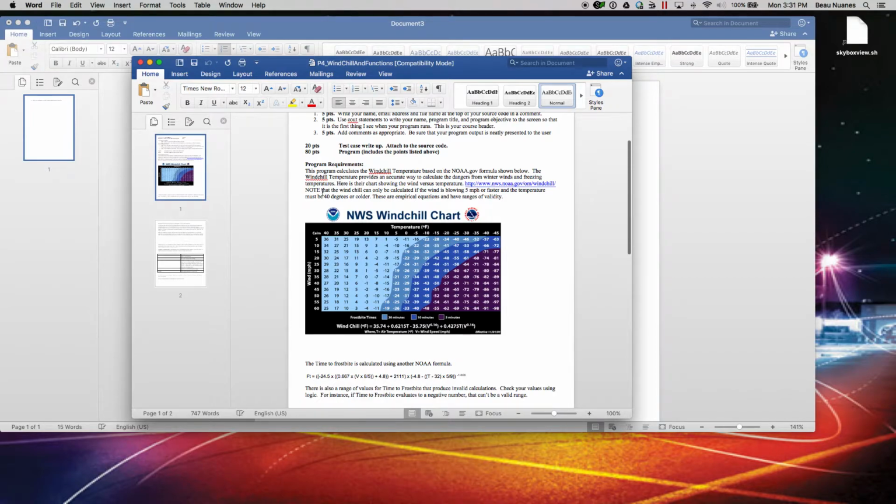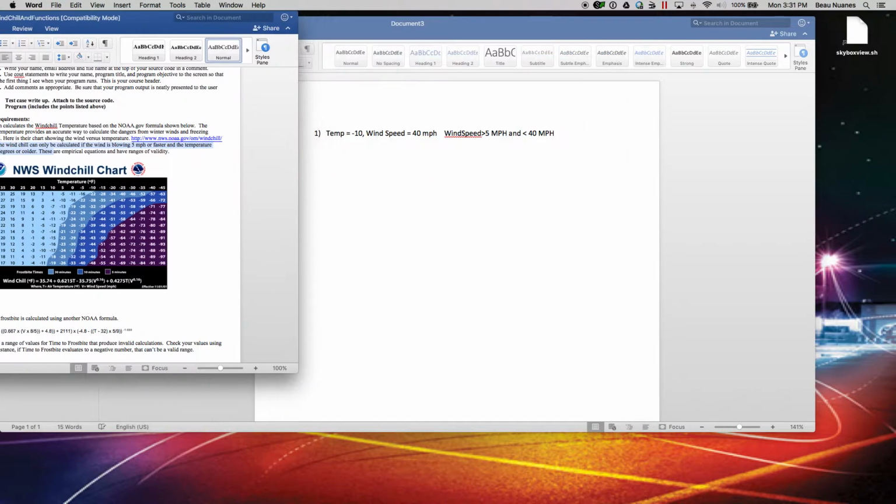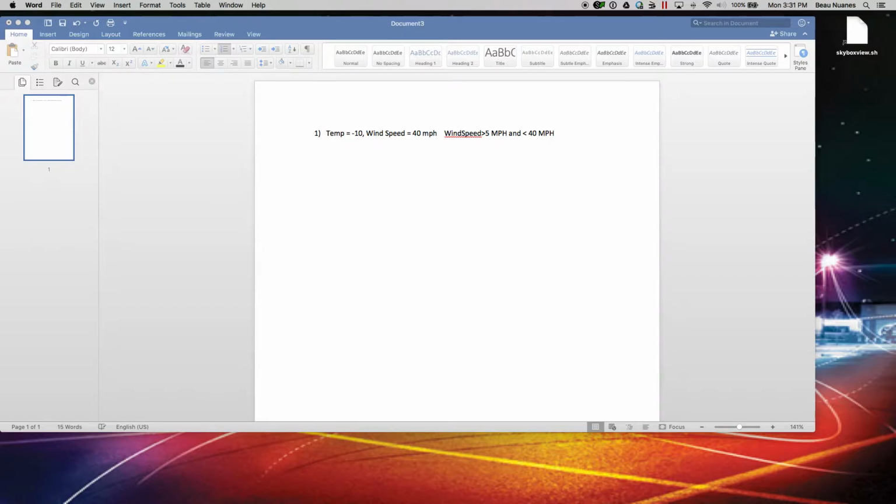We say that right here in the spec: wind chill can only be calculated if the wind is blowing faster than 5 miles per hour and the temperature is 40 degrees or colder. Just something to keep in mind.